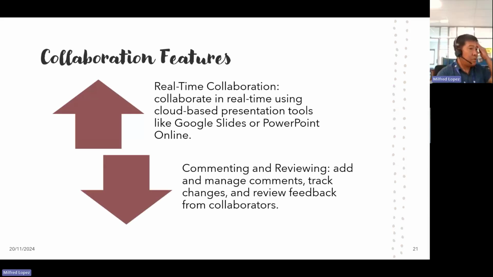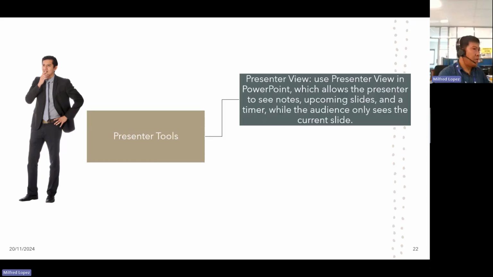Collaboration features. If you use Google Sheets and PowerPoint online, you can have those features. Commenting and reviewing: you can add comments or notes on your PowerPoint. We'll do that later on. Presenter's view, I'll show you later how it works.